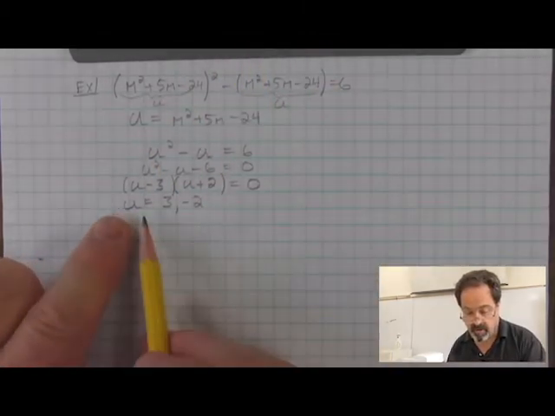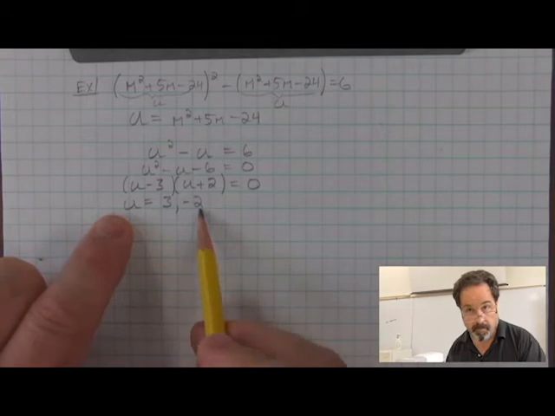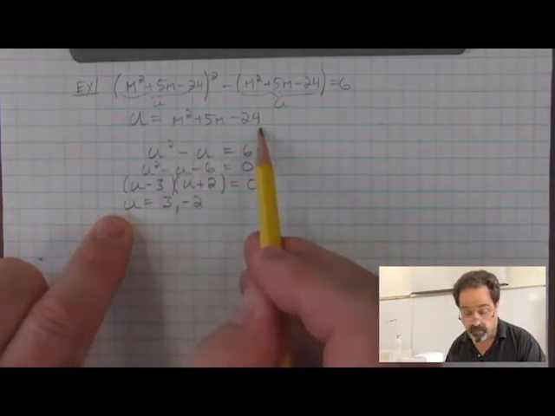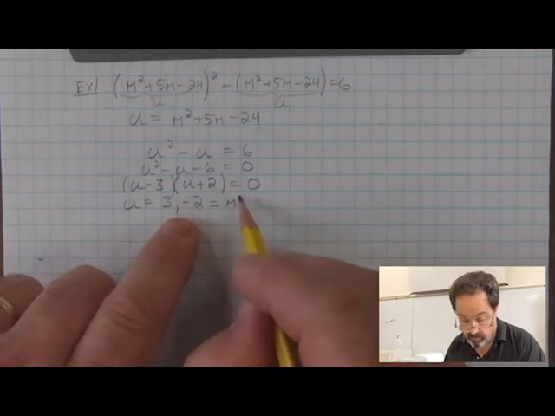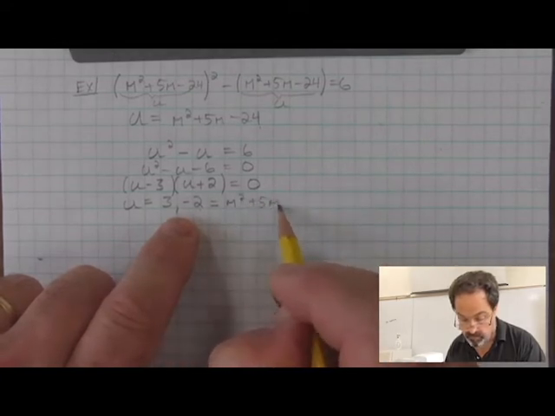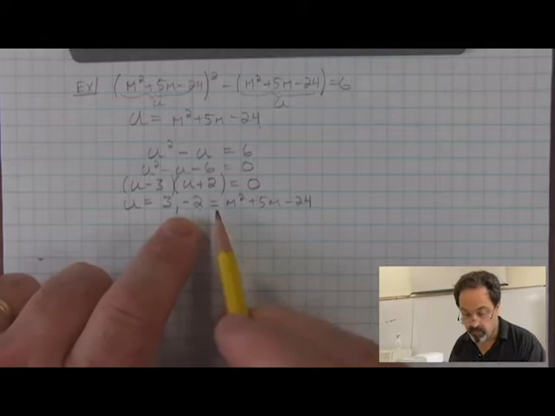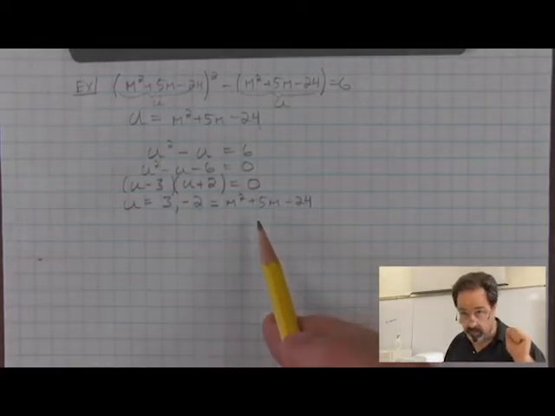That means that I found values of u, but u is equal to this expression. So the values that I found are also equal to that expression. I'm reintroducing the piece that I temporarily took out.